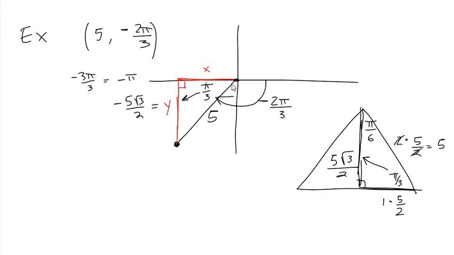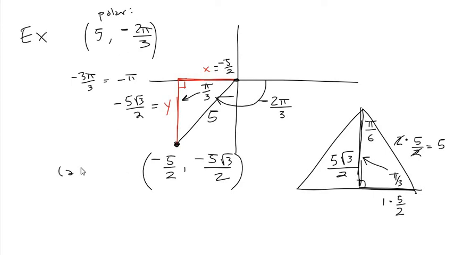And then the other leg, the one that's adjacent to the pi over 3, is just 5 halves. And it also has to be negative because we're going off to the left. So the Cartesian coordinates for this point are (-5/2, -5 root 3 over 2). So here are my polar coordinates.